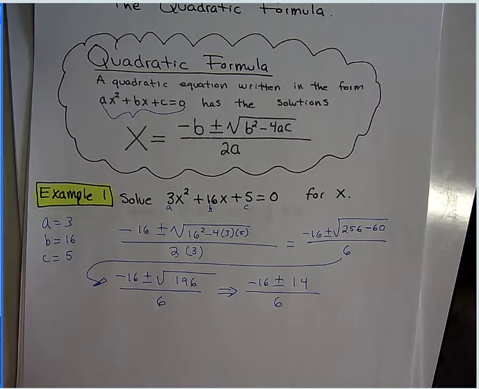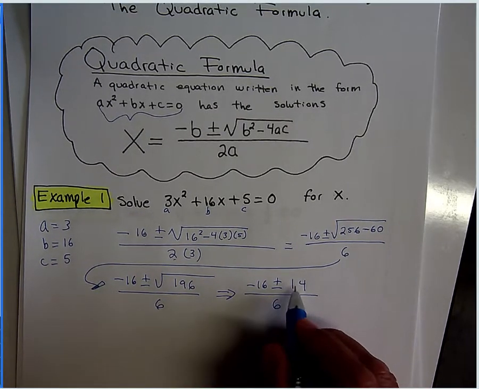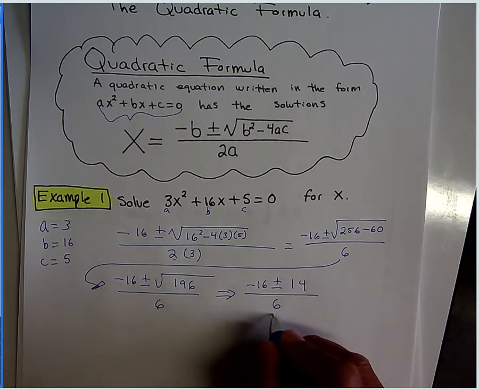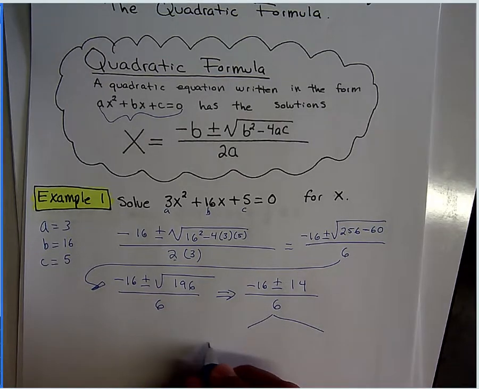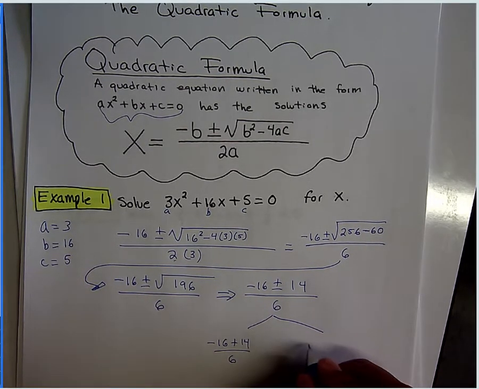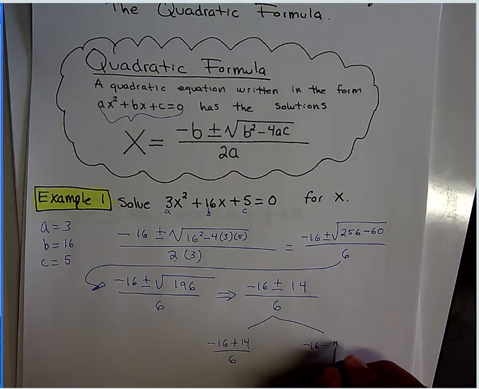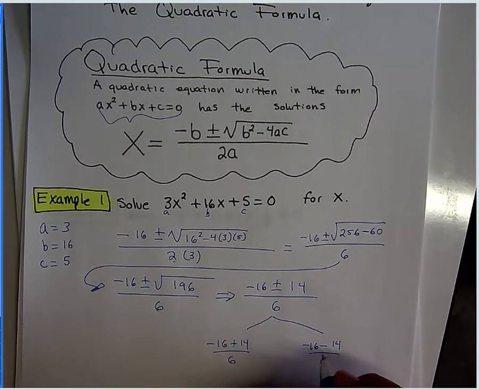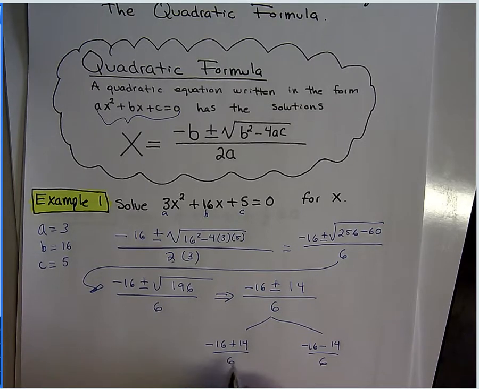So from here, what you do is you separate them. This is negative 16 plus 14 over 6, and negative 16 minus 14 over 6. So the first gives me negative 2 over 6, and the second gives me negative 30 over 6.